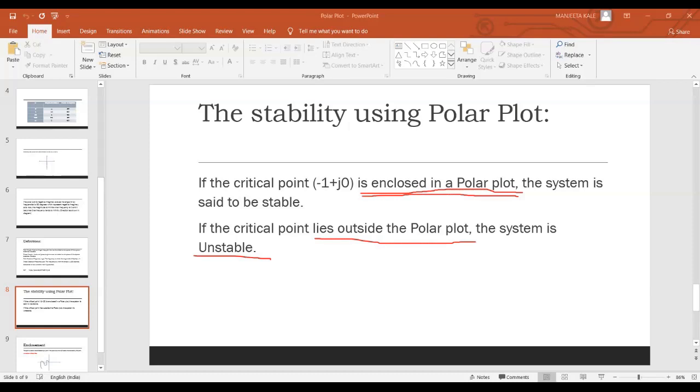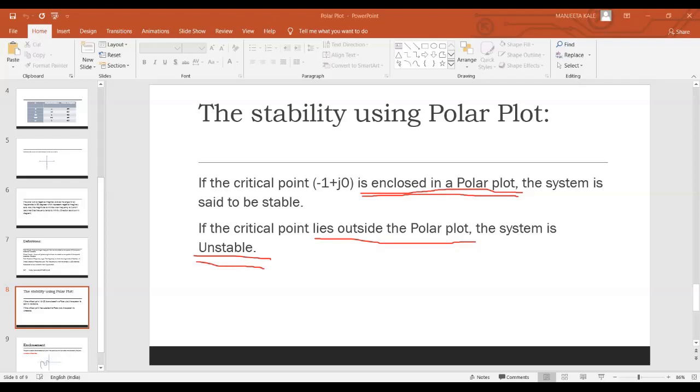So when gain margin and phase margin both are positive, the system is stable, as we have also already studied in the Bode plot. If it lies outside the polar plot, that means you have already crossed this point and there is no margin left with you for the system to be stable. In that case, the system is already unstable. Okay, so these two are the conditions based on which you can comment on the stability using the polar plot.